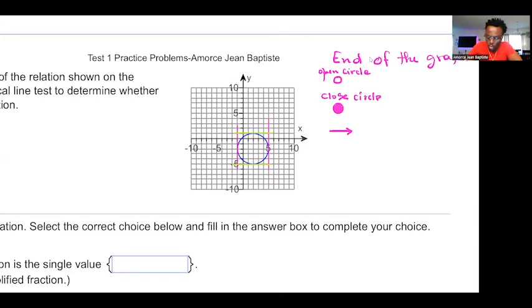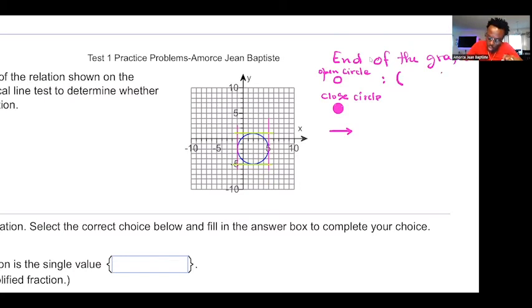open or closed circle means that on this value, you're going to use parentheses or brackets when giving the domain and the range. So if I have an open circle and I point out the x value for this end of the graph, it's going to have a parenthesis.